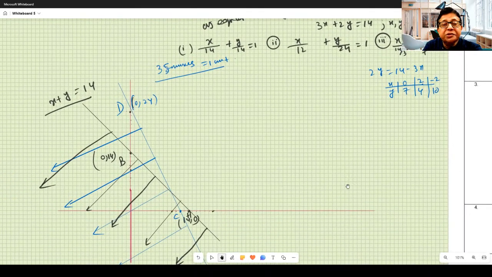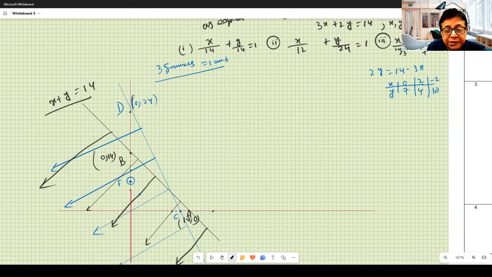So the points will be 0, 7 and 2, 4. You take 0, 7. 1, 2, 3, 4, 5, 6, 7. 0, 7 is here. This is F. And next one is 2, 4. 2 points we got on the line.